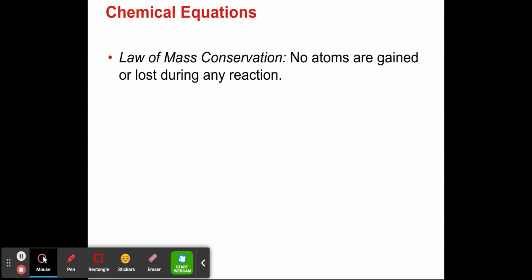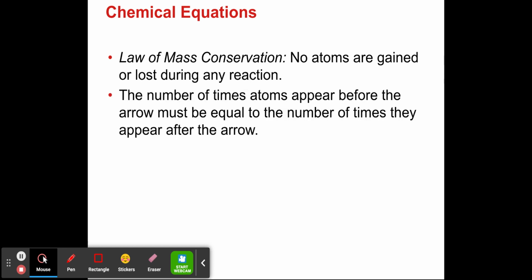Okay. So the law of conservation of mass says that no atoms are gained or lost during a reaction. So you cannot create an atom. The only thing is that the atoms are going to be rearranged, but they are never going to be created and never going to be destroyed.